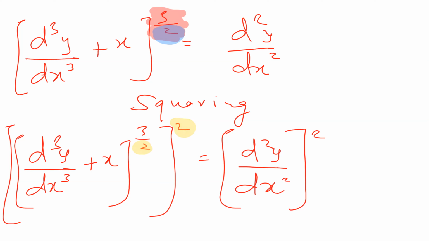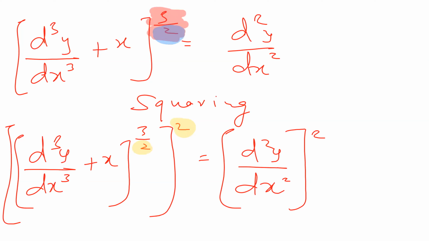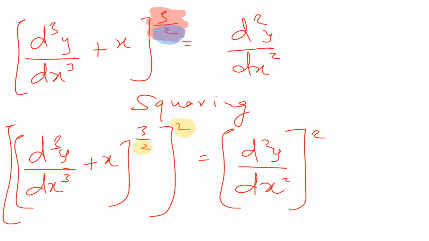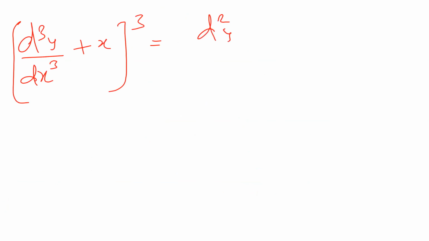So what we are left with is d cube y upon dx cube plus x the whole cube, equal to d square y by dx square the whole square.